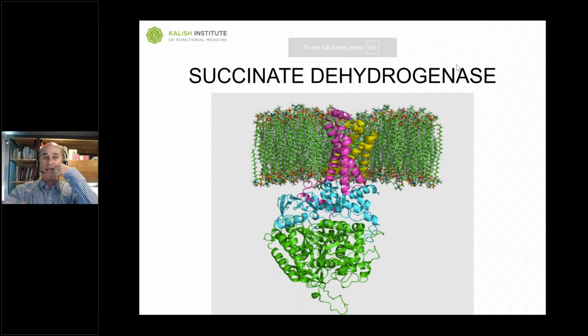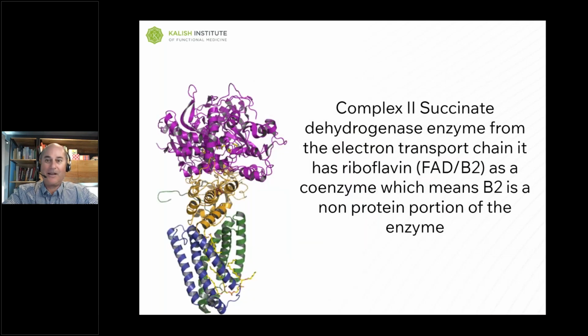Succinate dehydrogenase. So guess what? When that gets screwed up, succinate goes high. Okay, that makes sense, yeah? And that is the enzyme that's the most sensitive to environmental toxins. Call it a design flaw, I don't know.